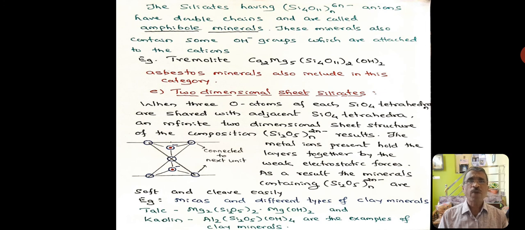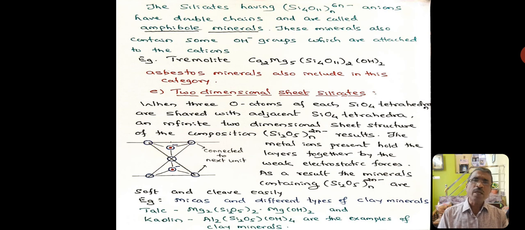Here calcium valency is plus 2 into 2 is plus 4. Magnesium valency is plus 2 into 5 is plus 10. Plus 10 plus 4 is plus 14. Minus 14, the charge becomes 0, and this is a neutral mineral. Asbestos minerals also include this category.